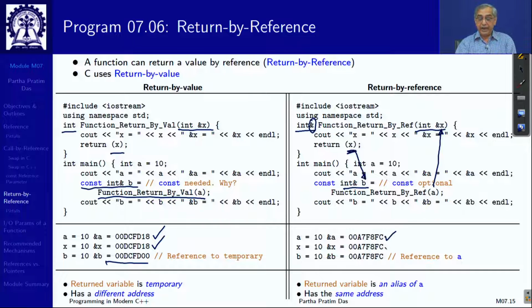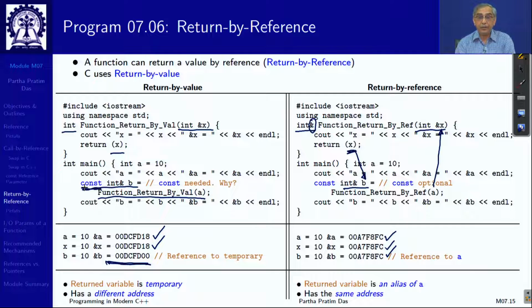So, necessarily a, x, b, all of them are the same location, whereas here b, when I reference, is a different location because it is not x, but a copy of x, a temporary that is created.